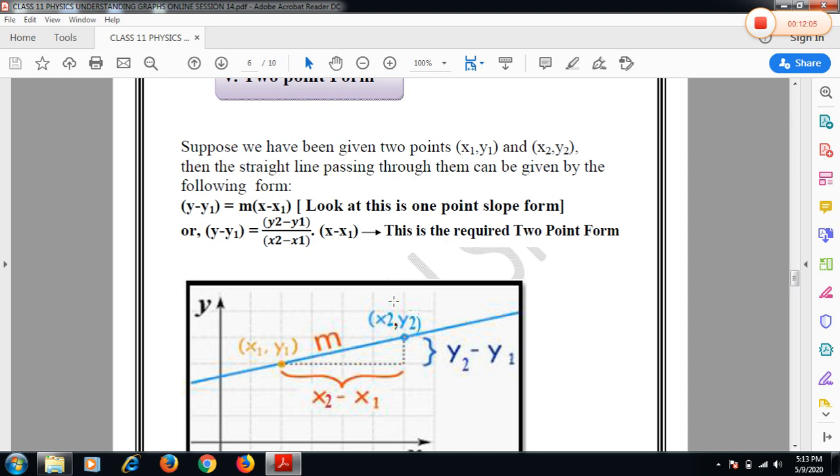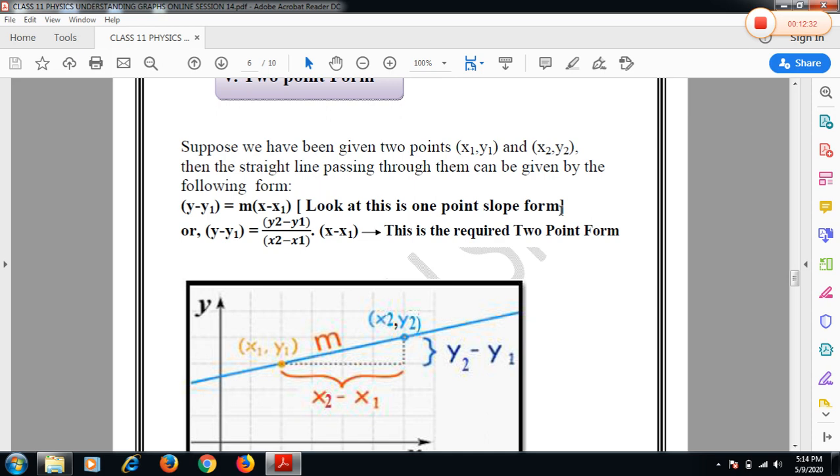So tan theta or m equals y2 minus y1 by x2 minus x1. So we can put m equals y2 minus y1 by x2 minus x1 over here, and we have this form: y minus y1 equals y2 minus y1 by x2 minus x1 into x minus x1. This form is the required two-point form.